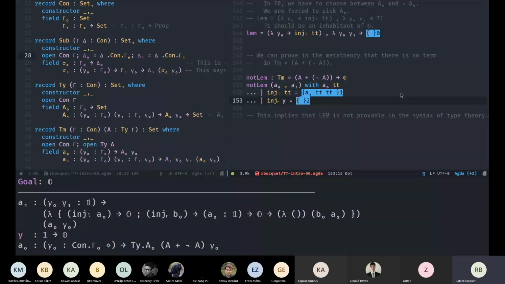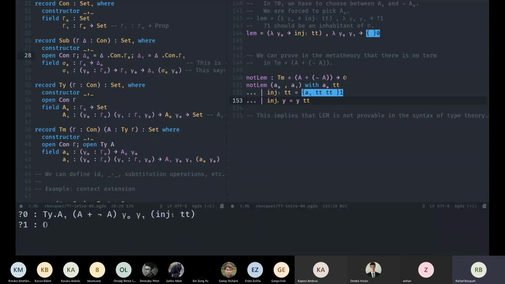And on the second side, we have y in A0 to the empty type by definition of not, but A0 is unit, so we can just apply y to the unique element of the unit type to derive an element of the empty type.